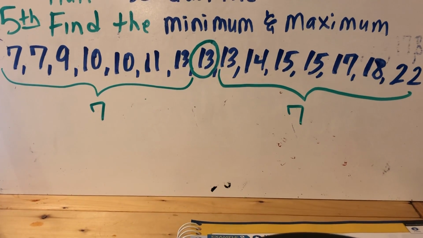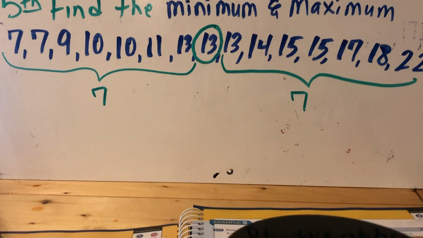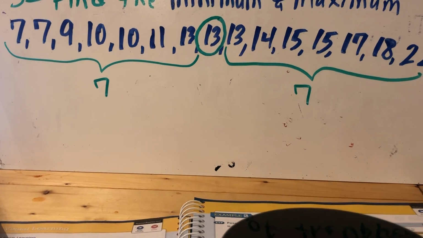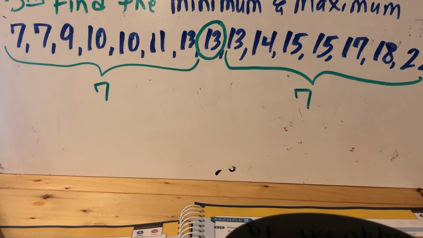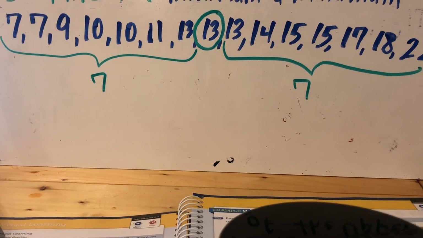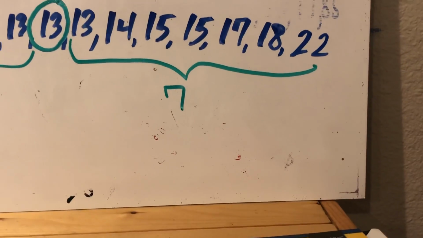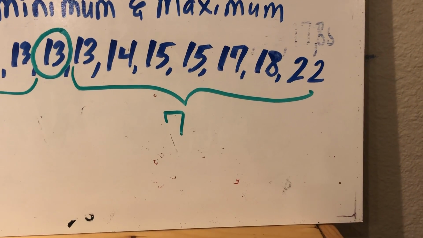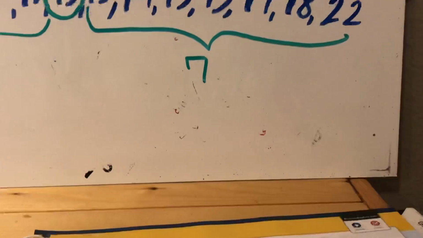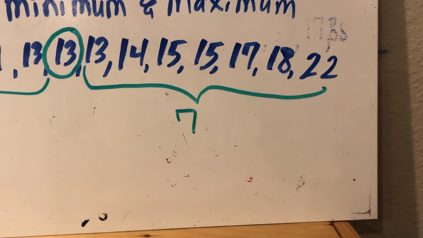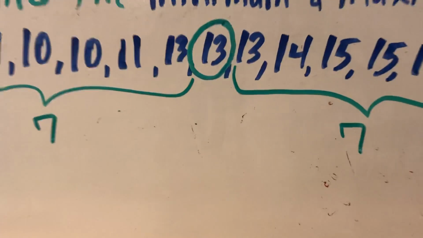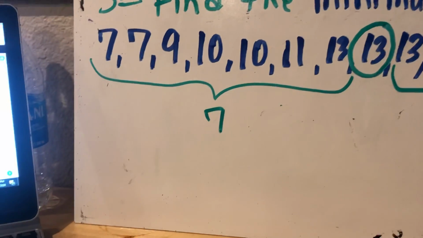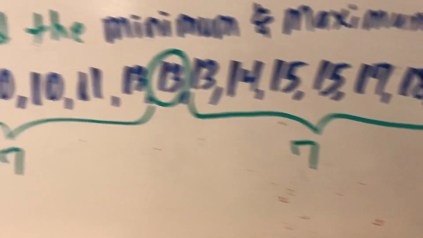On the left side, my group has 7 numbers: 7, 7, 9, 10, 10, 11, 13. That group, the lower half, has 7. The upper half has 13, 14, 15, 15, 17, 18, 22. Also 7 numbers. So when you locate the median, in this case 13, you need to make sure that you have an even amount of numbers on both sides.